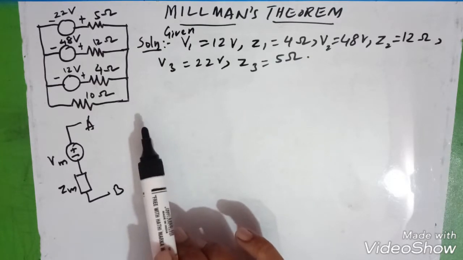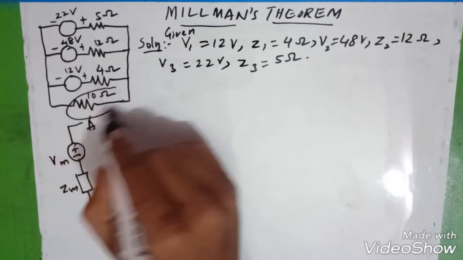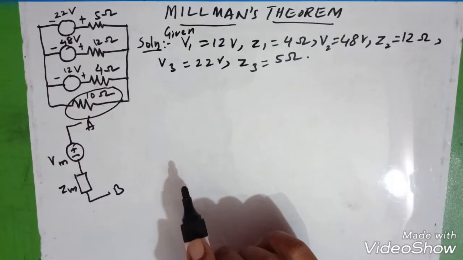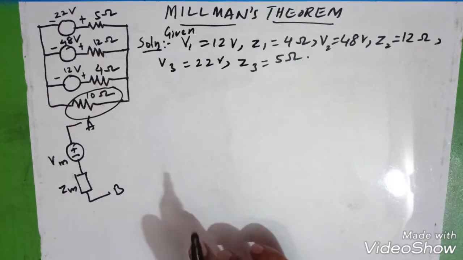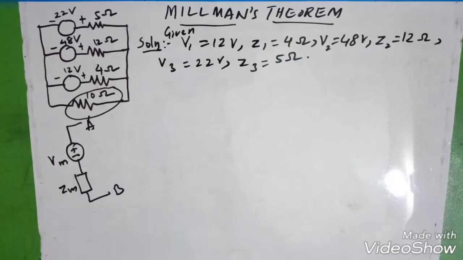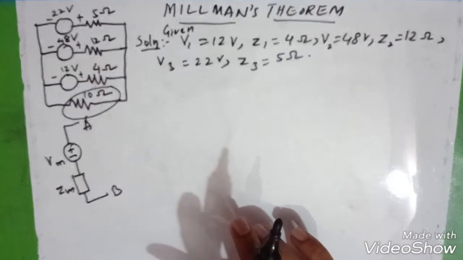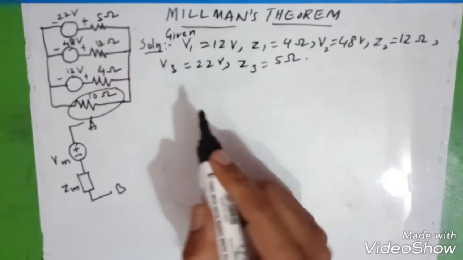In this problem we are going to calculate the current through the 10 ohm resistance in the circuit. To calculate it, first we have to find out the value of the Millman impedance and the Millman voltage.